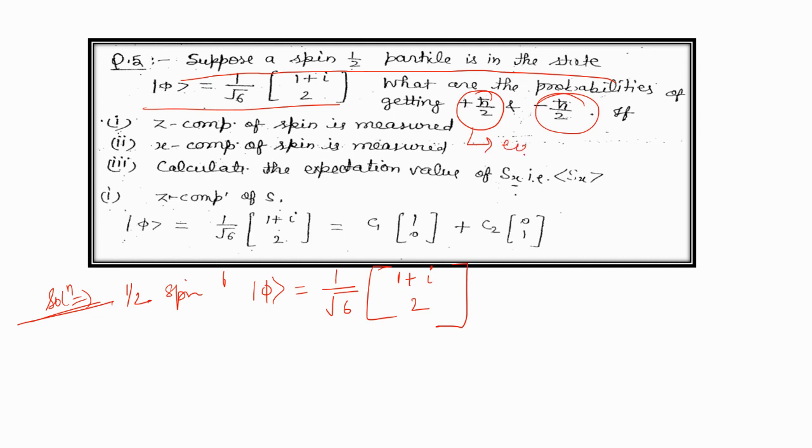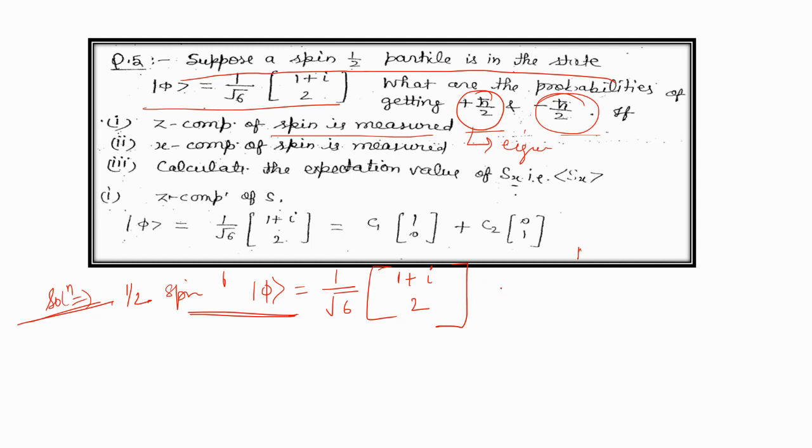So these are the eigenvalues. There is some particle which is in some state, so it has eigenvalues. So what are the probabilities of getting h cross by 2 and minus h cross by 2 of z component of spin? Okay, so here if you can see, there is some particle whose eigenstate is given to us.